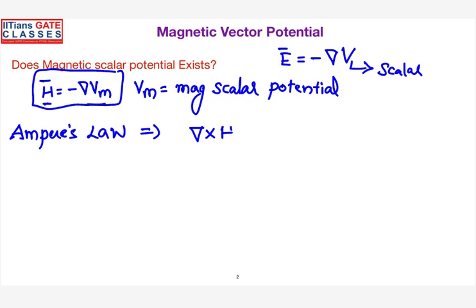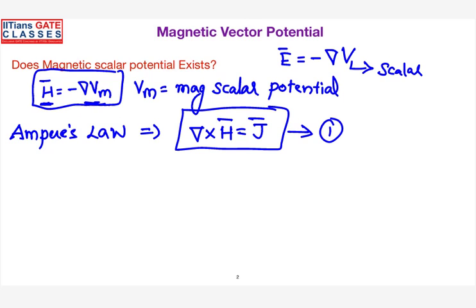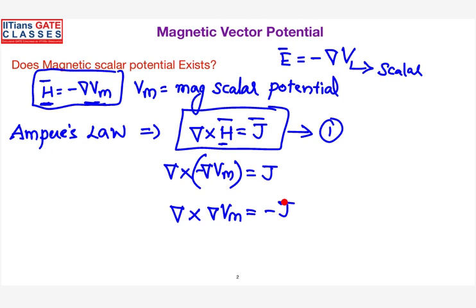Take it as equation 1. So if you assume the magnetic field intensity is the negative gradient of the magnetic potential, let us substitute the same thing here, which will be curl of minus del Vm is equal to J.